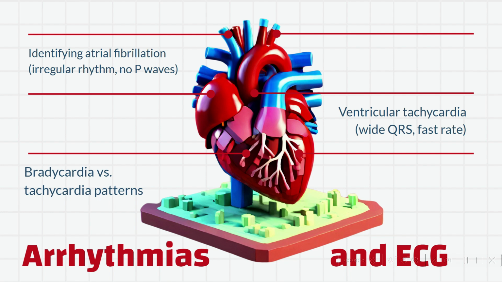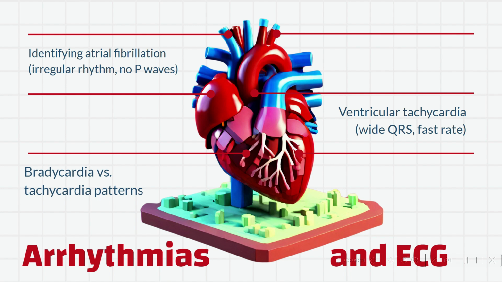Instead of organized atrial contractions, AFib shows erratic electrical activity in the atria, leading to an inconsistent ventricular response. This condition increases the risk of blood clots, stroke, and heart failure if not managed properly.